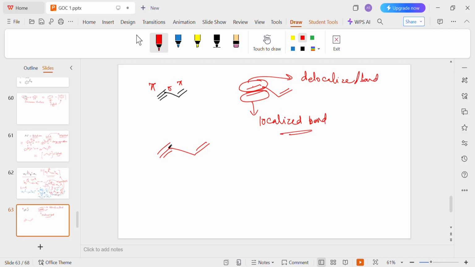Now if I'm moving from left to right, okay, so I'm moving from electron rich to electron deficient. Here you have more electron density na, so arrow is drawn from here, electron rich center to electron deficient.